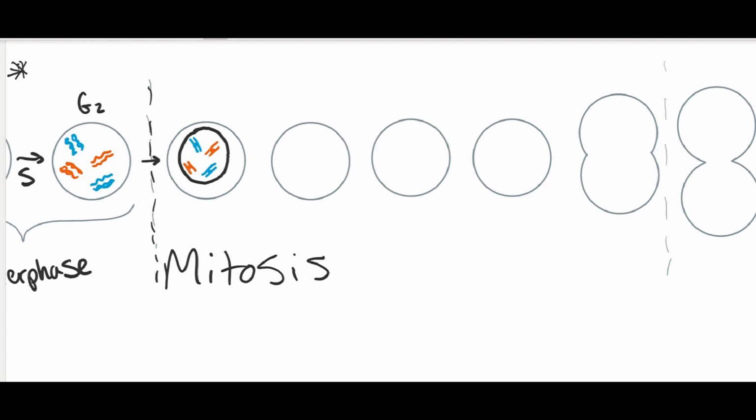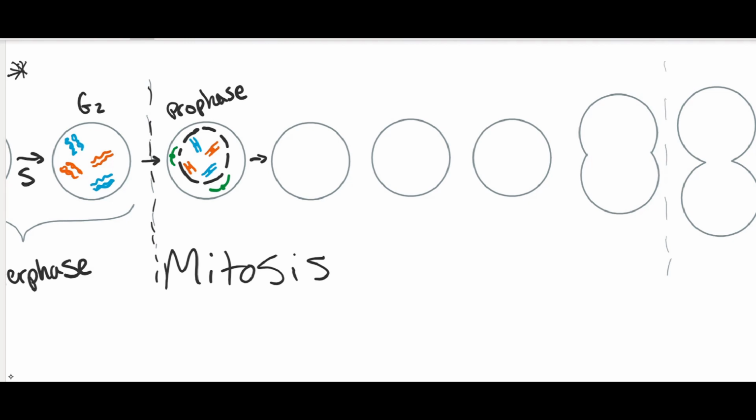Each one of those lines represents a sister chromatid bound together by a centromere, and now these are our chromosomes. So now during prophase, we have the nuclear envelope start to degrade, so we can erase part of our nuclear envelope. It's starting to break down. Our chromatin have condensed into chromosomes, as you see here, and we have spindle fibers starting to form. All right, so that concludes prophase.